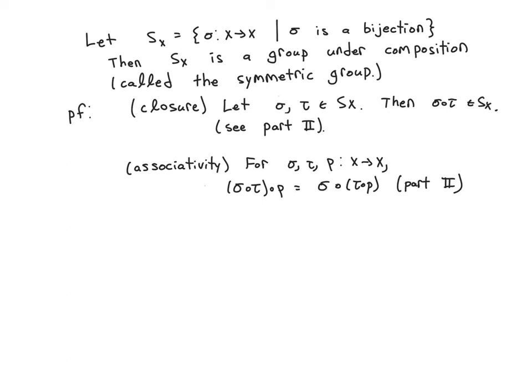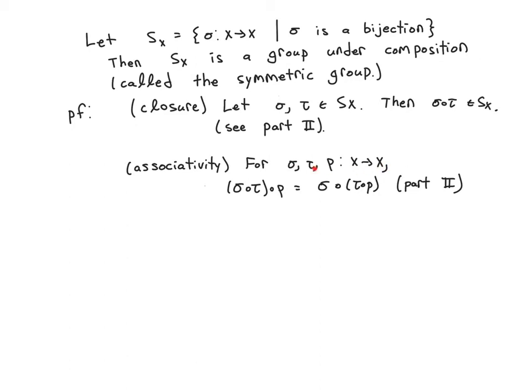In order to be a group, you need the associative axiom. So for any three elements in your set, you need to know that the product of the three elements is the same no matter where you put the parentheses. Again, we're going to check that in part 2.